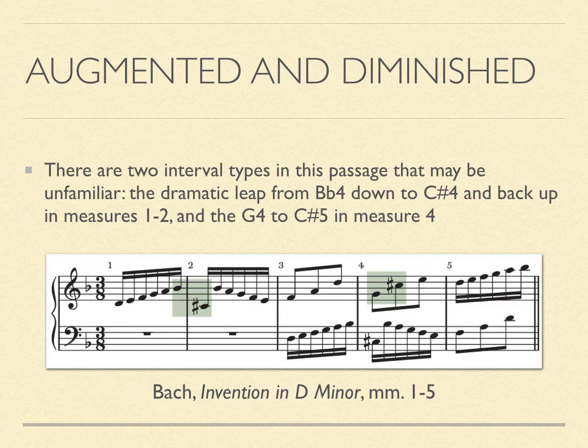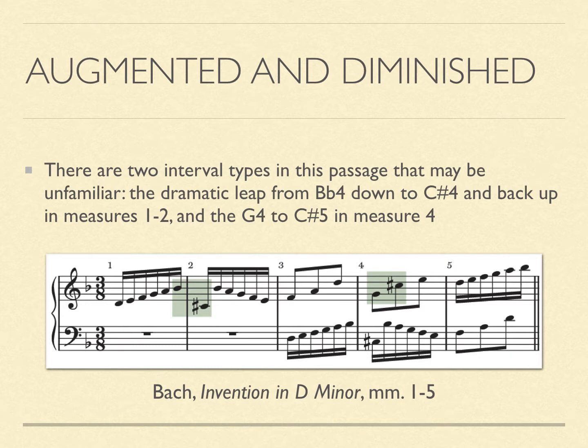So our interval types that will look kind of unfamiliar, I've got them highlighted here in green. So we have a big leap from B flat 4, which is in measure 1. Then it goes down to C sharp. So that goes over the bar line from measure 1 to 2.